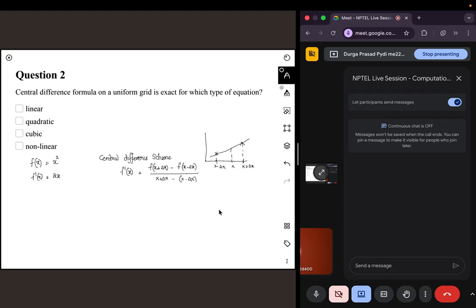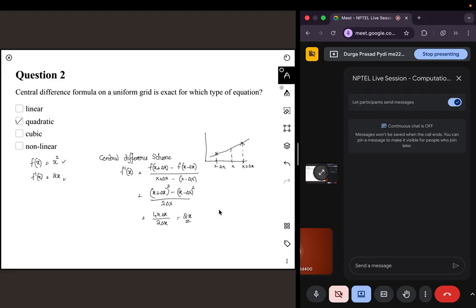Yeah, this is quadratic. So if my function is x squared, then x plus delta x. That's what I was talking about. So this is (a+b) whole square minus (a-b) whole square. The approximate derivative that I am getting from this versus the one that we got from the analytical solution are matching with each other.